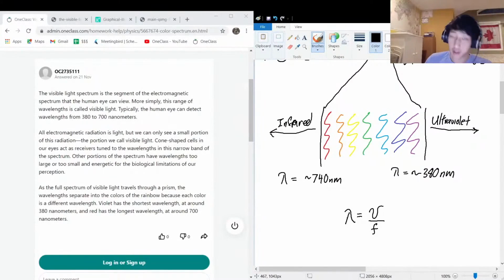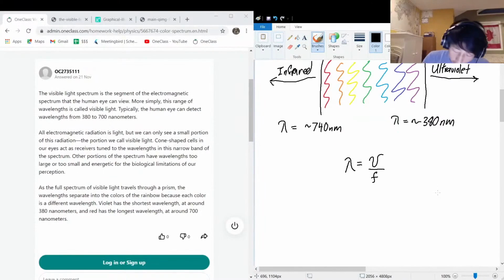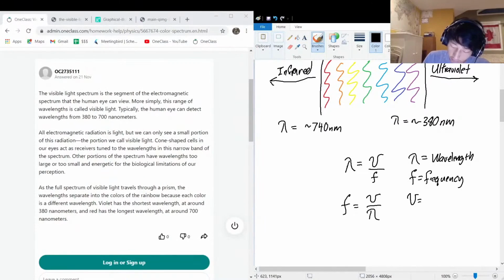Another way that we could write this is frequency equals velocity over wavelength. So lambda is wavelength, f is just frequency, and v is the velocity of the wave. In this case, it is c, which is equal to 3 times 10 to the 8 meters per second.